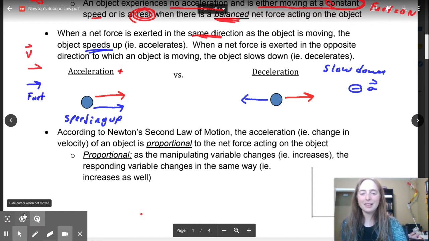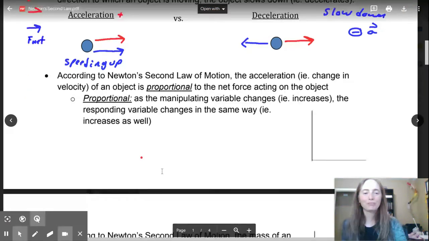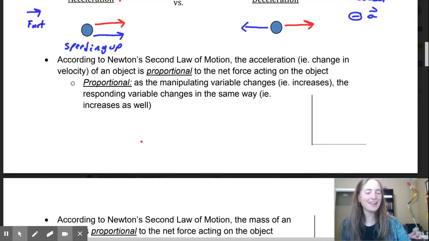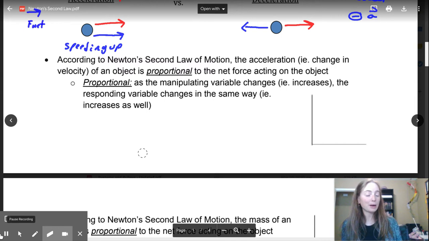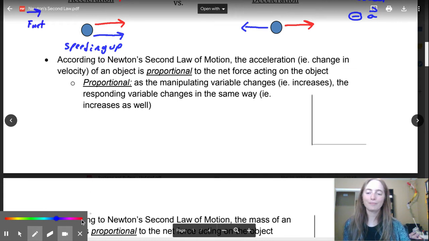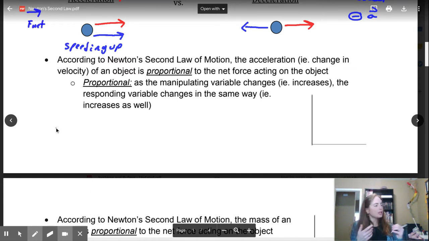So let us move along to graphing. There are a couple of different ways that we can represent Newton's second law graphically. The first piece that we're going to do is look at the relationship between our F net and our acceleration.